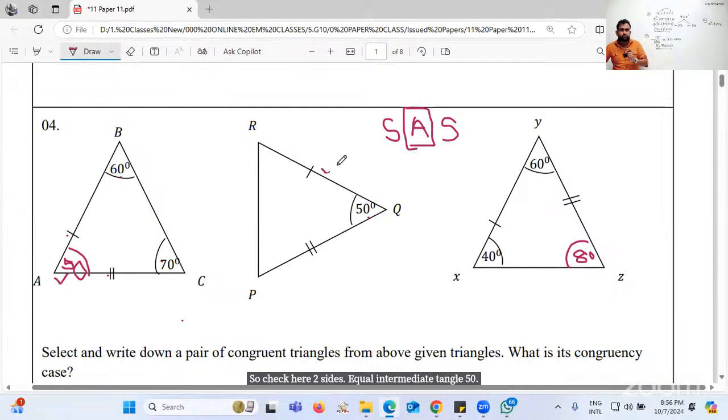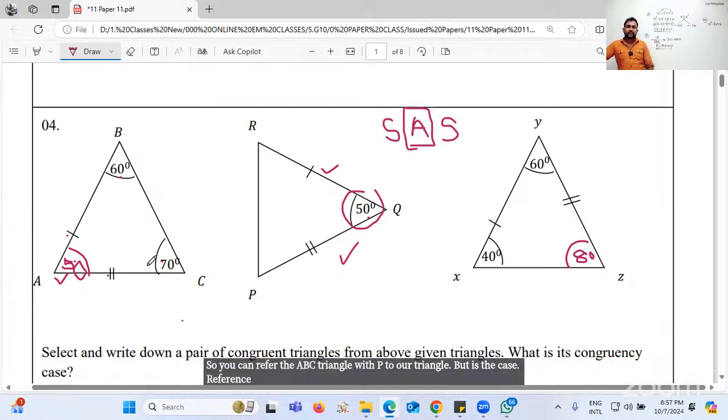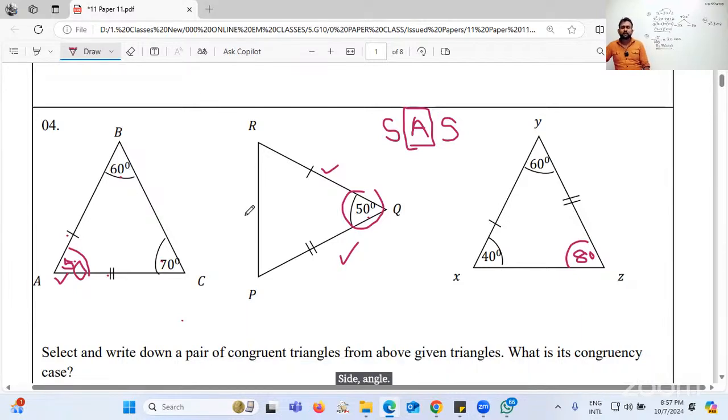Here also two sides equal and intermediate angle 50. Both are intermediate, so you can say triangle ABC is congruent with triangle PQR. What is the case reference? SAS, side angle side. But you cannot refer to this case. Why? Here the angle 60 is not the intermediate angle.